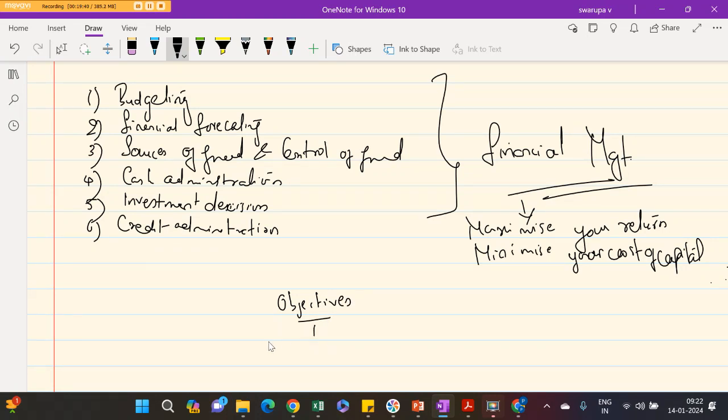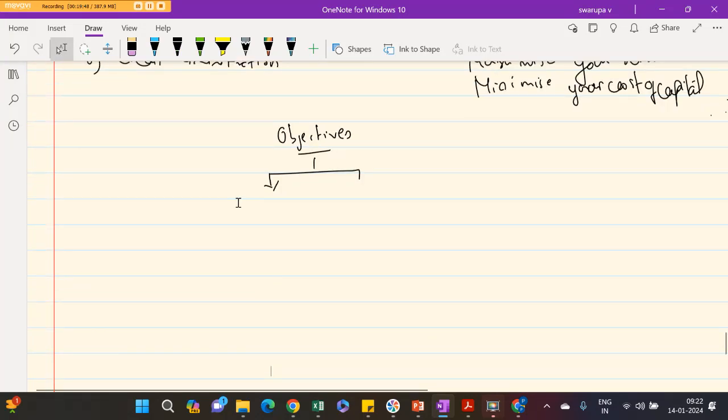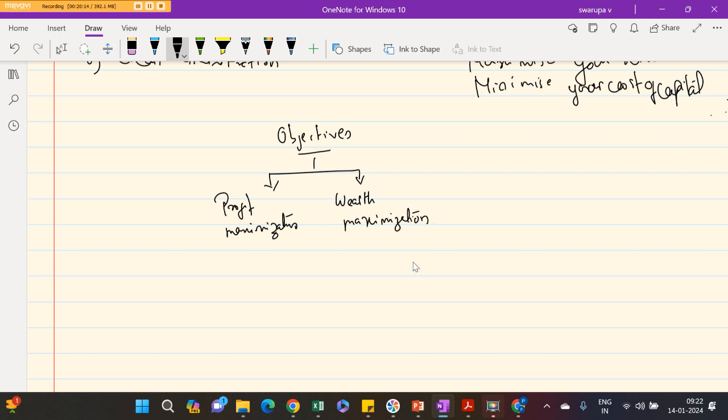There are two objectives of financial management: profit maximization and wealth maximization, wealth or value.